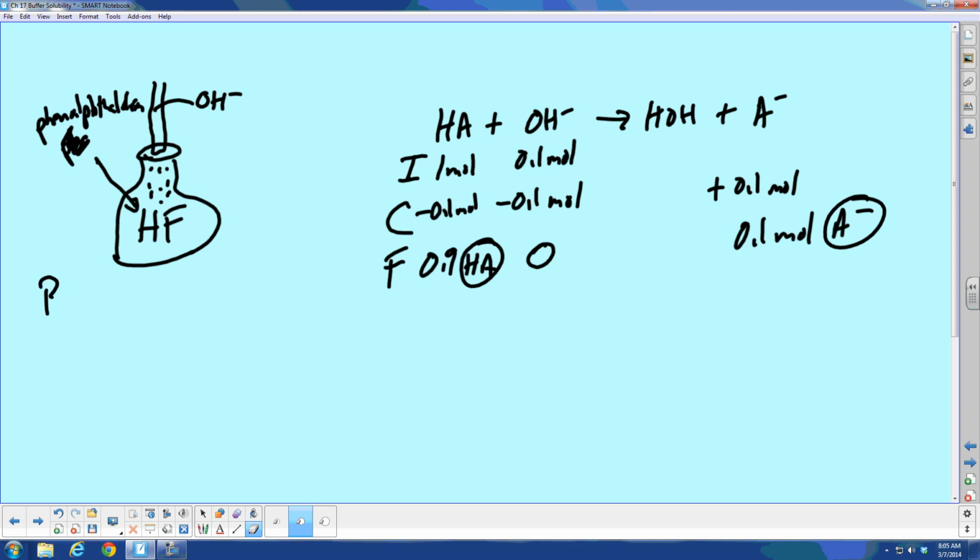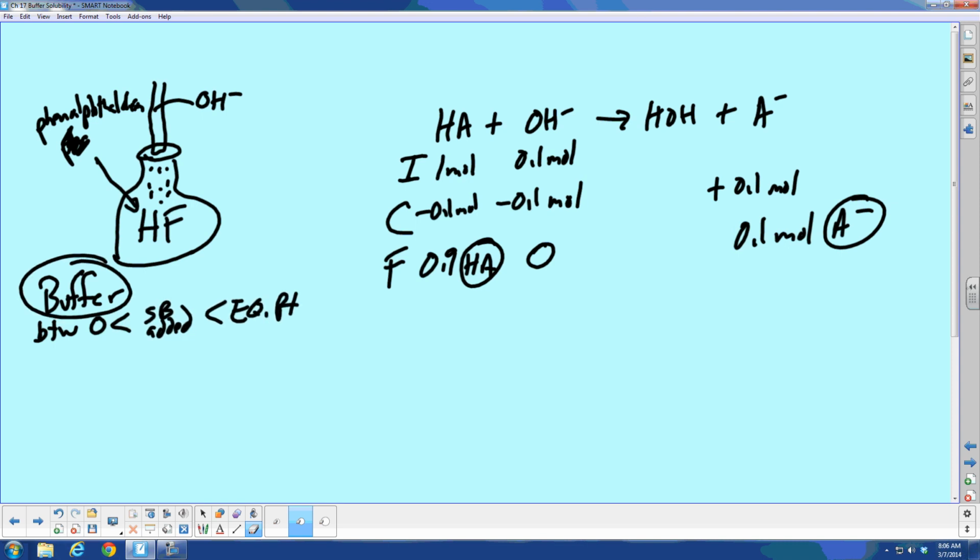We call that a buffer. So when the amount of strong base added is between 0 and the equivalence point, you have a buffer solution.